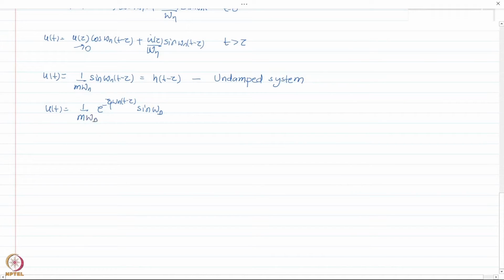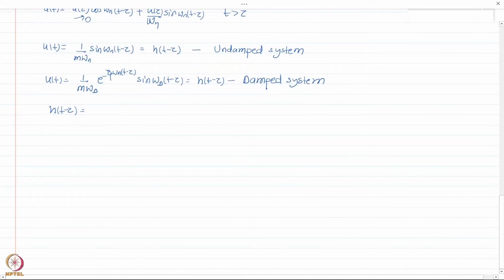This is for the damped system. So these h(t minus tau) are unit impulse response functions. They are basically the response of a single degree of freedom system due to a unit impulse, and so they are called unit impulse response functions.